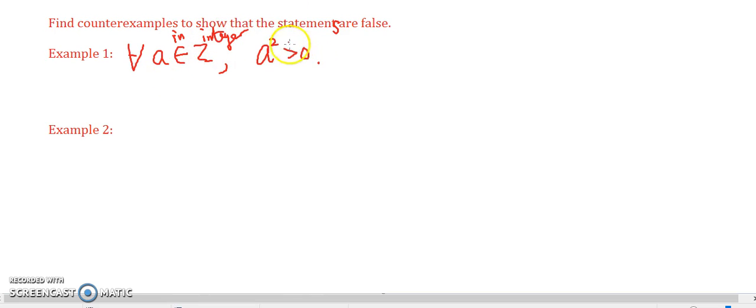It looks like if we pick some integers, 1 squared is greater than 0, because 1 squared is 1. If we pick -1, squared is also equal to 1, which is also greater than 0. And similarly, you can pick 2 or even 1.5. It looks like this is true.